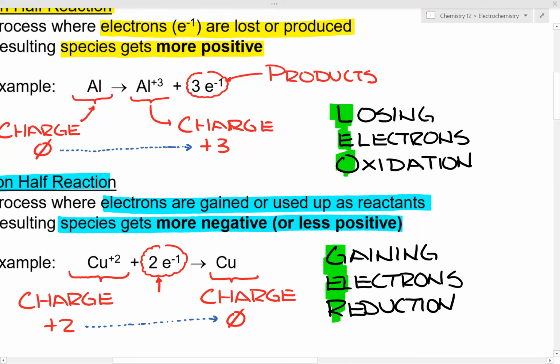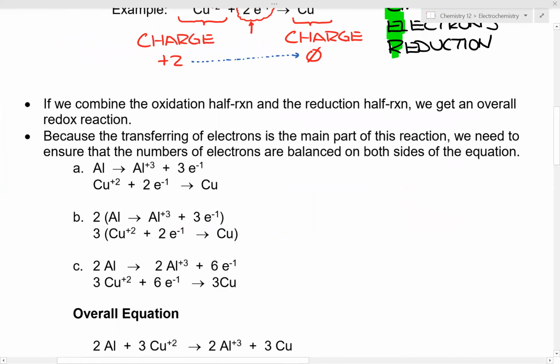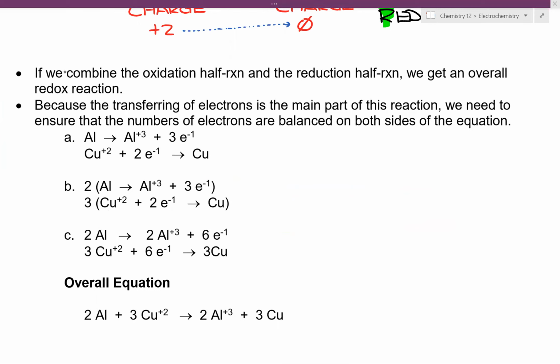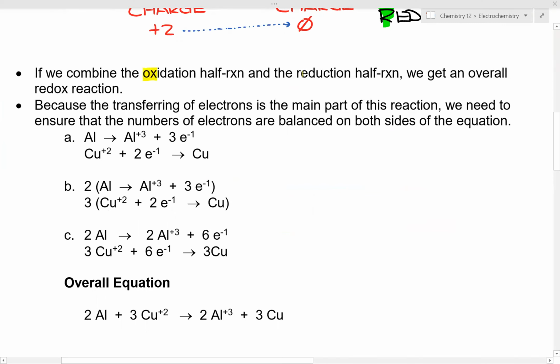All right, now if we combine the oxidation half reaction and reduction half reaction, we get an overall redox. That's where we get the term redox from. What we have is our oxidation, the first two letters, and reduction. That's where we have redox reaction.